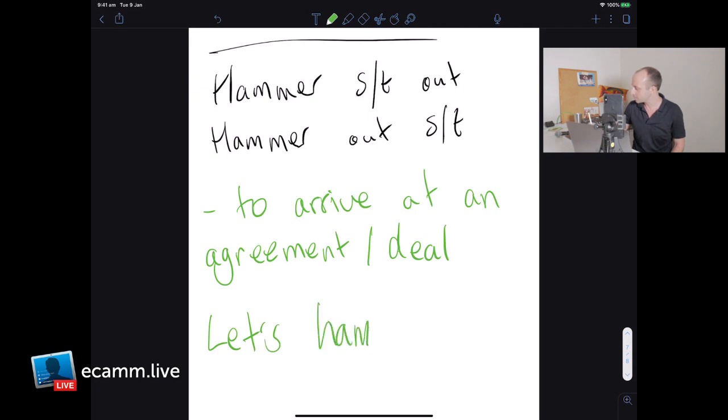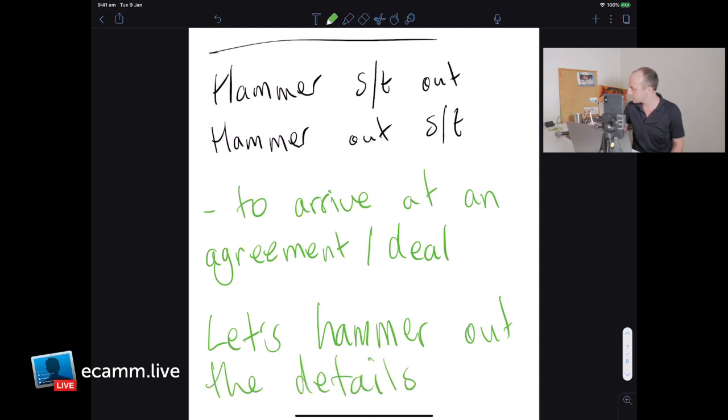Let's hammer out the details, because it's just hit, hit, hit, back and forth between lots of people. It doesn't mean arguing, but it's just discussing these details to come to an agreement. Cool? Usually in business, not about what we're going to have for dinner. We wouldn't do that. Cool? Hopefully that makes sense.